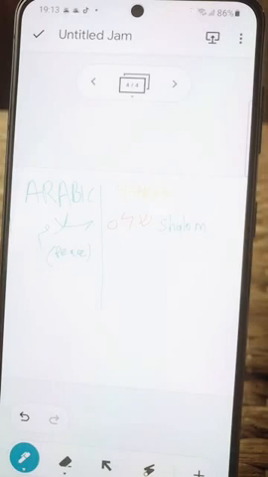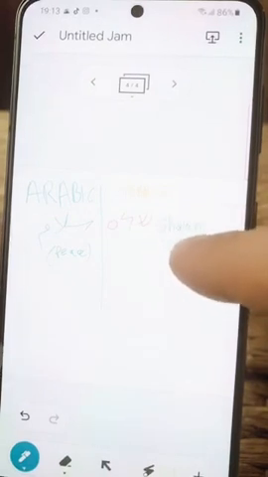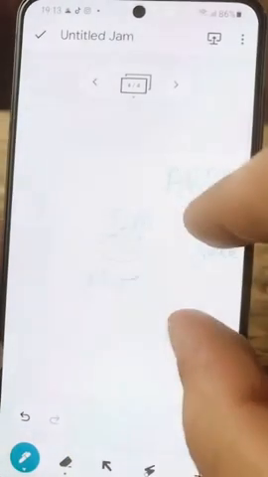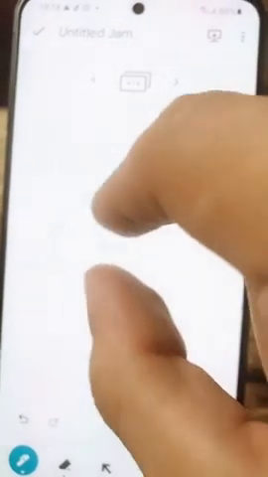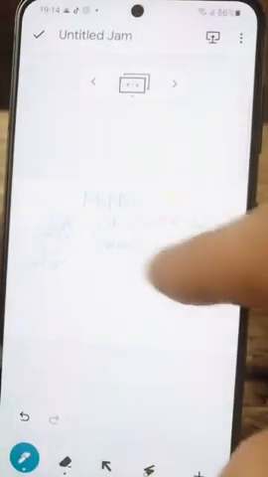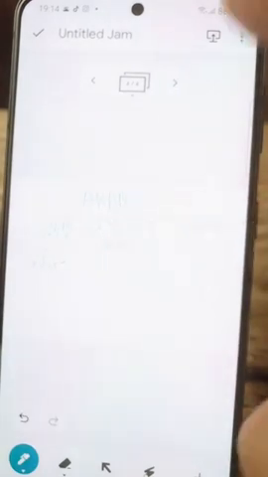Ladder. Sullum. From the same root, I was able to make another word, and this word is ladder. It's from sin, lam, mim. So I was able to make more than one word.